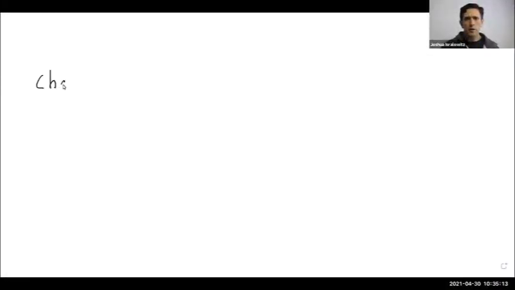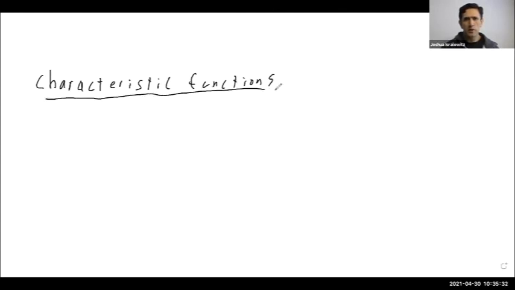And I want to talk very briefly about a very important type of function that, as we'll see in the next video, is kind of the building block of all measurable functions. Those functions are the characteristic functions.